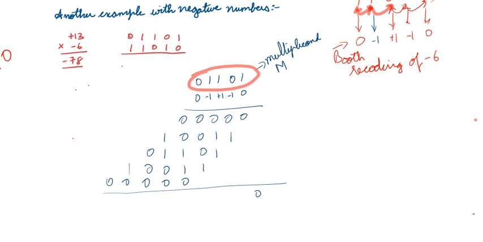Okay, 0. Keep adding 1 and 1. If you add, the sum is 0, the carry is 1. The carry I would put here, right?